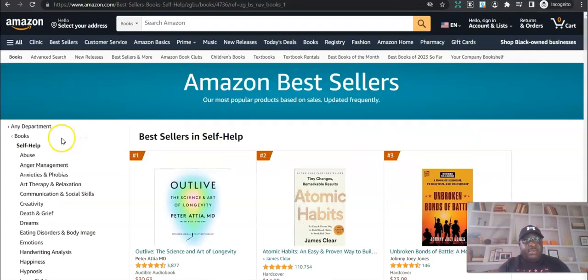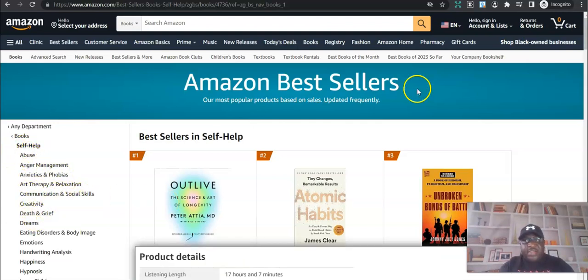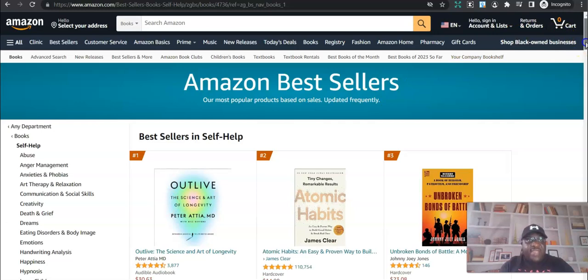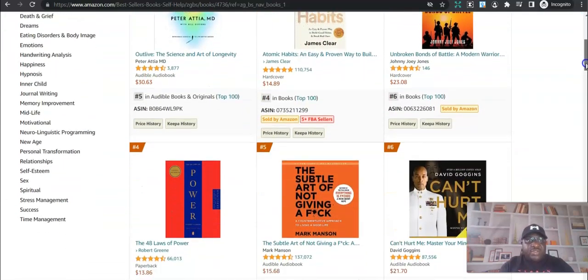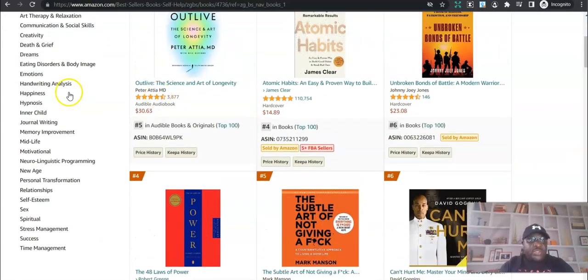Now under self-help, it brought down other subcategories. So self-help is a category, and the rest you see here are subcategories. It is always advisable to niche down, to drill down. I can choose any of these categories here and start looking for the bestsellers in each of them.